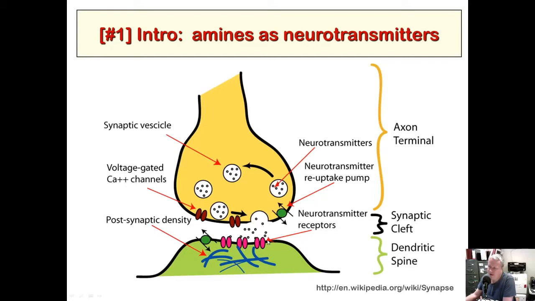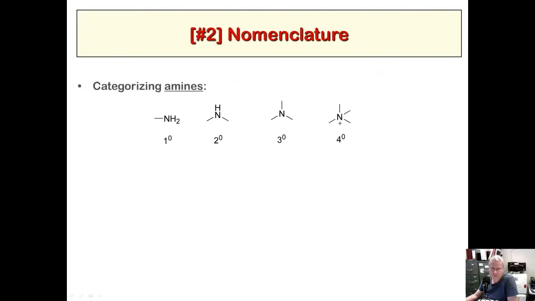Then they can get repackaged into the vesicles through this reuptake process. So that's just a little mini cartoon slide for how neurotransmitters actually work, and there's a ton more about these things that you might learn in a neuroscience course or neurobiology or something like that.